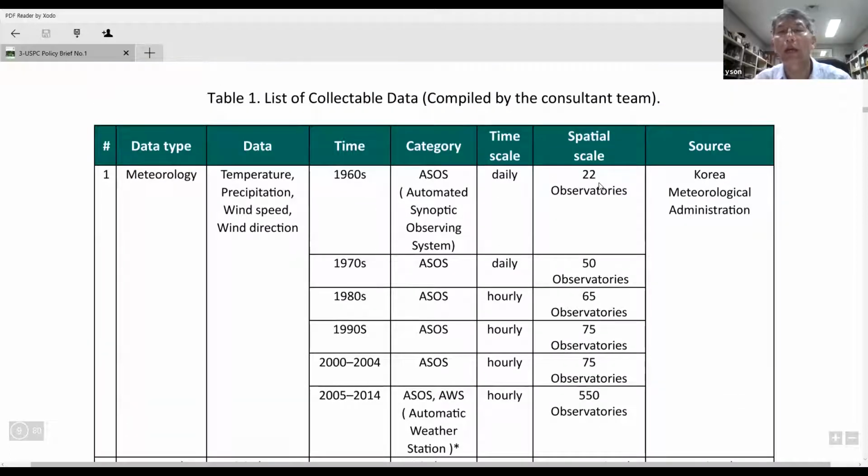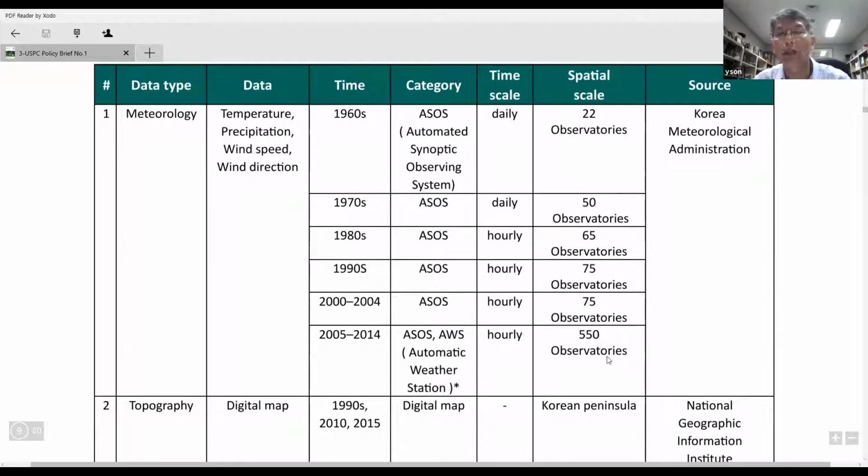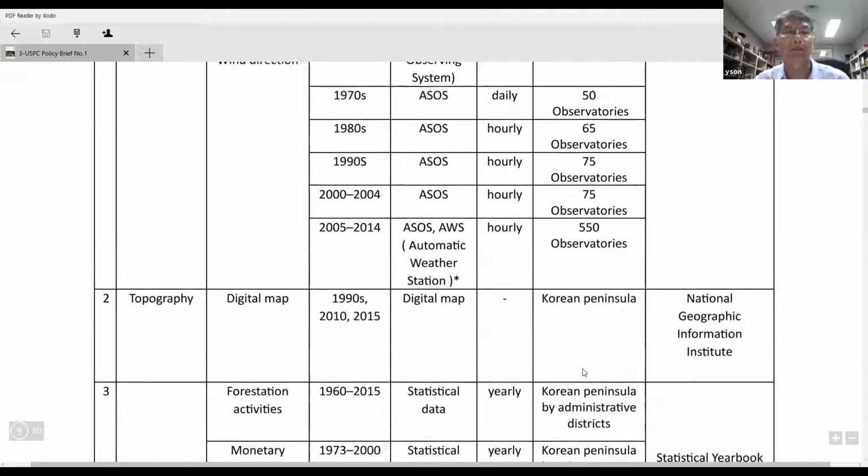In the old days, we had only 22 observations, but now we have more than 500 observations throughout the country. In the old days we had ASOS, but now we have AWS, automatic weather stations. So the quality of data increased from 1960 to the 2000s. As we have high quality data, the result would be more accurate.